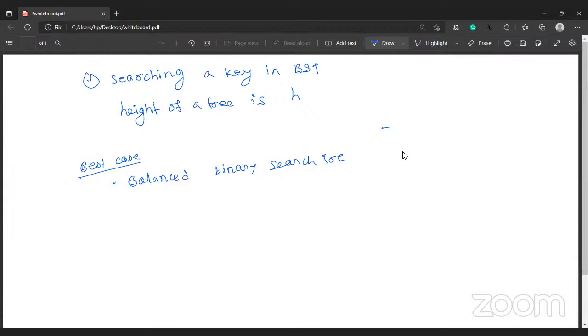So 15, let's insert, then 14, then insert 16, okay, 11, 12, and then 9.